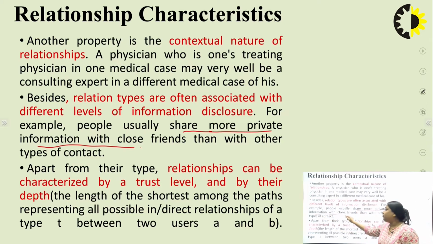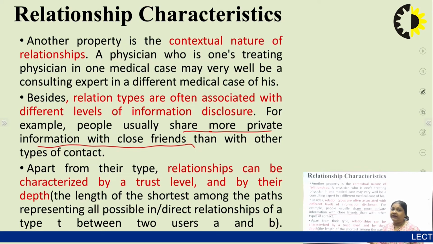They are very frank to share their personal information with close friends than with other types of contacts. Sometimes a person is not very frank in explaining their feelings to their family and parents, but they easily disclose and share their personal information with close friends.